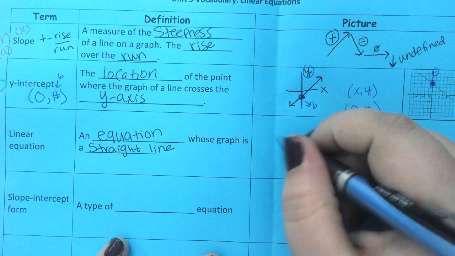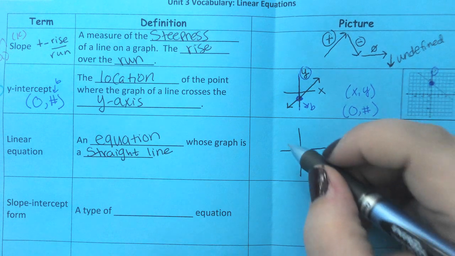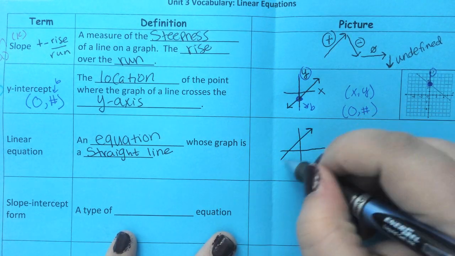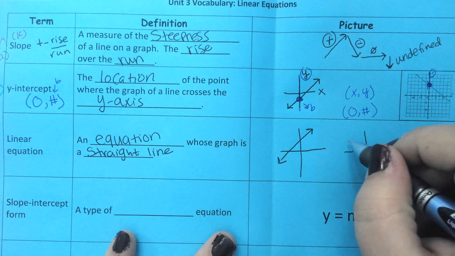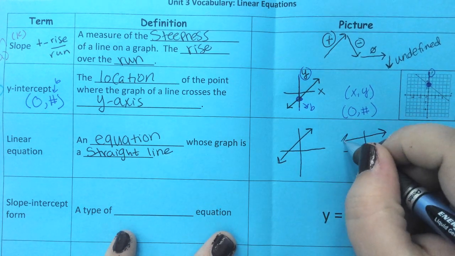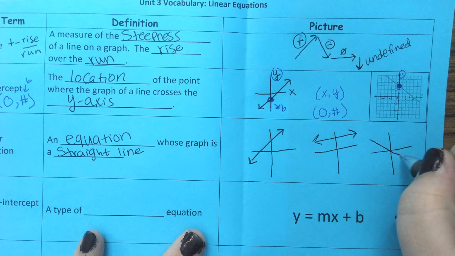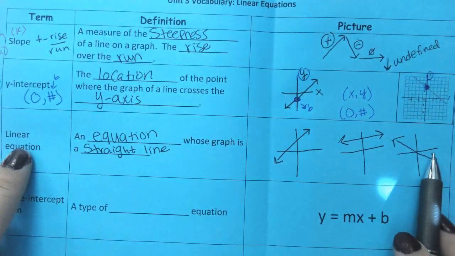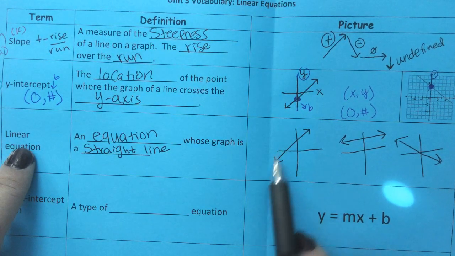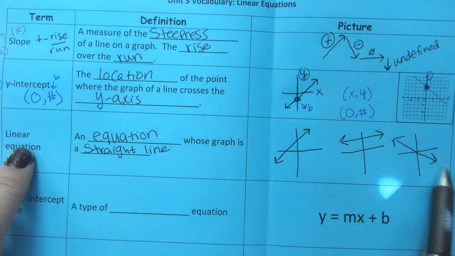So that's where I have a linear equation, and when I put it on a graph, it just makes a straight line. Maybe this is a straight line. I can have something that looks like this. Those are some good pictures of linear equations because it's some type of equation where the graph is just a straight line.